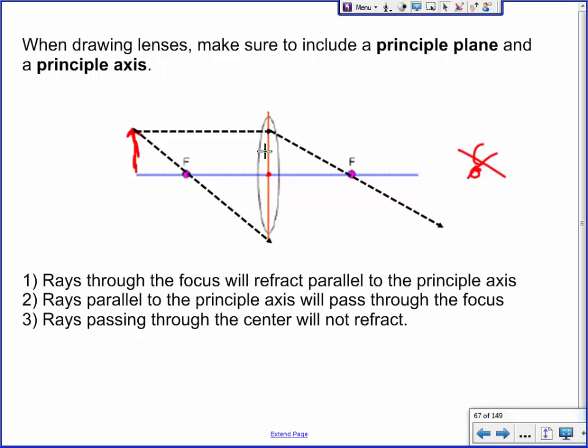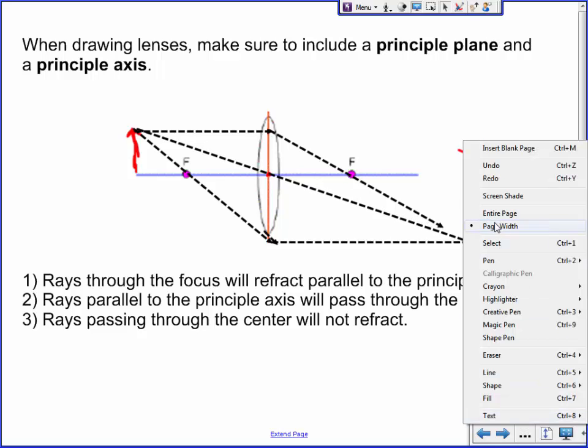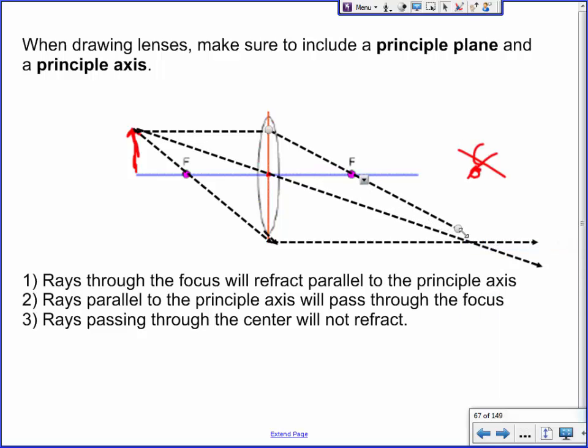I didn't draw this large enough. If they went through the focus, it would come out parallel. Lastly, if it goes through the center, nothing happens whatsoever. Do you see all three of these things converged right here?